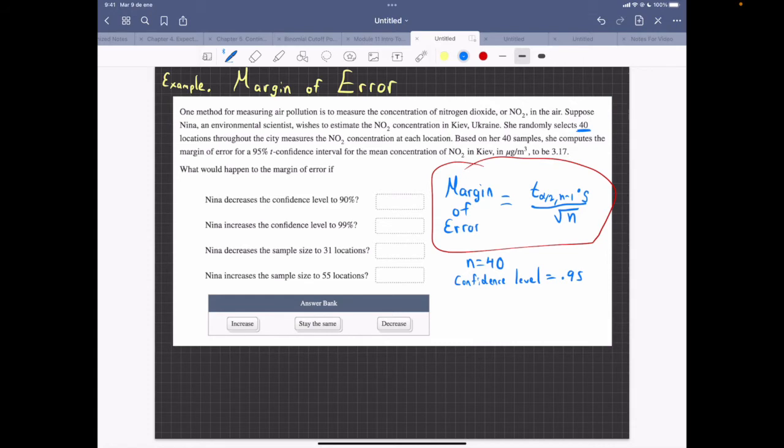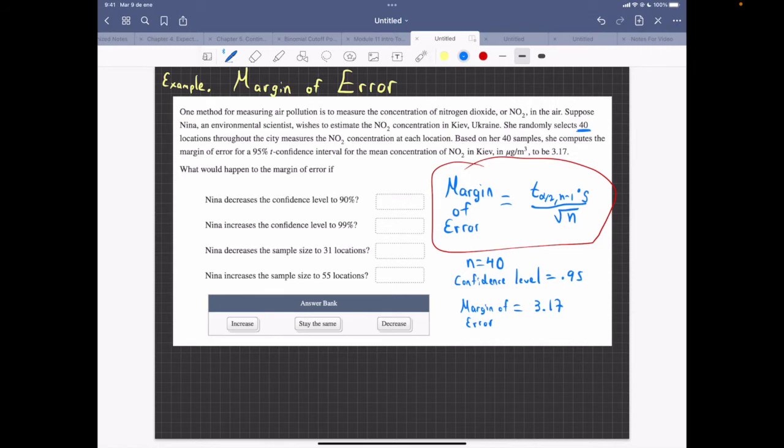The standard deviation, we need it. It is not provided, right? So she used these two values, and she got margin of error equal to 3.17.